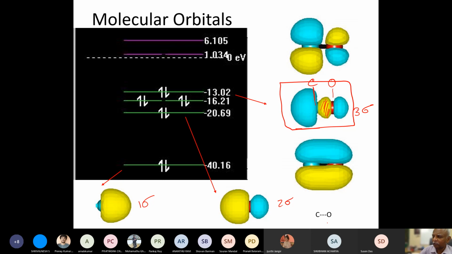So what you have is a lobe which is in between the carbon and oxygen. So some amount of electron density is there. Any buildup of electron density between the carbon and oxygen would lead to a bonding interaction. So this is very controversial.